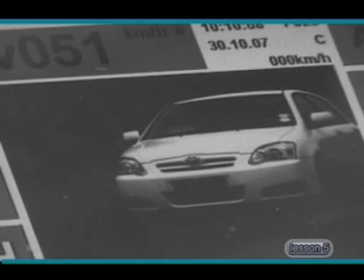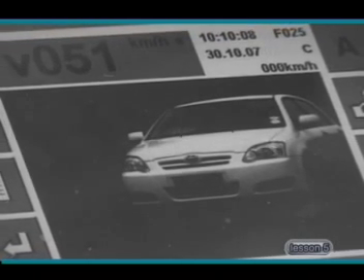Regardless of whether the guy is speeding or not, we will then take a photograph, and it will indicate on the photograph that the signal has been jammed and no accurate speed reading could be taken.